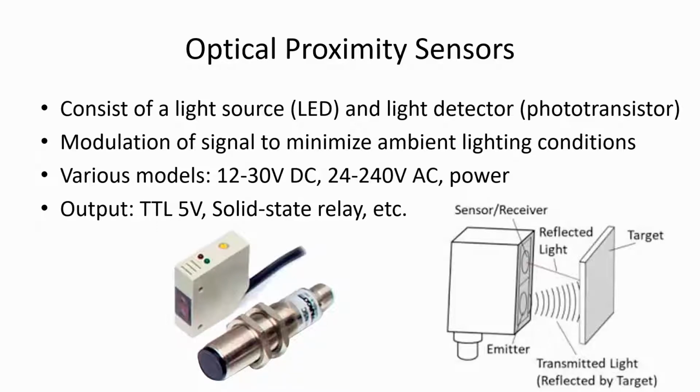The signal is modulated to minimize ambient light conditions. In optical proximity sensors, the light generated by the source or the transmitter is normally modulated.